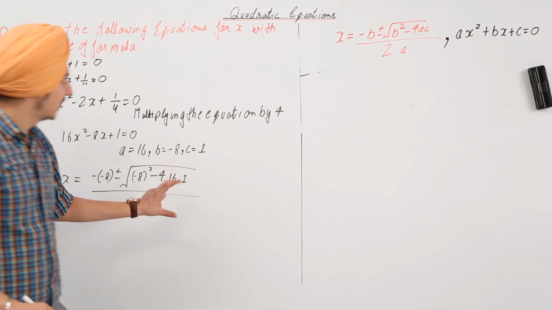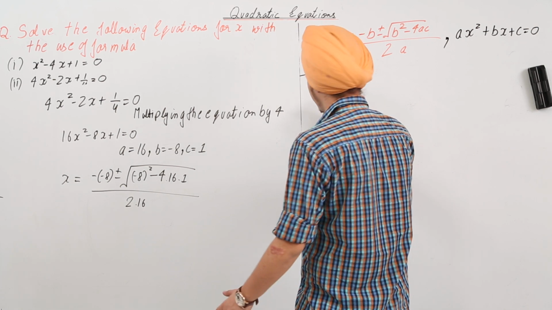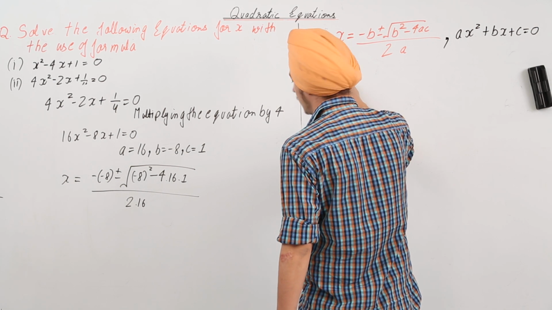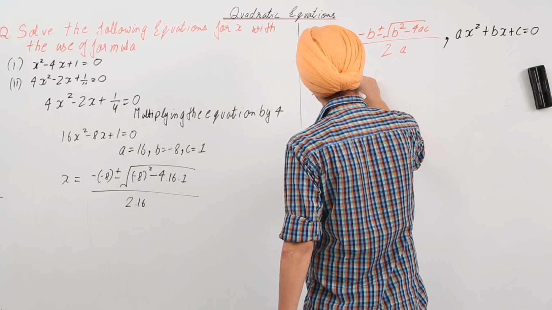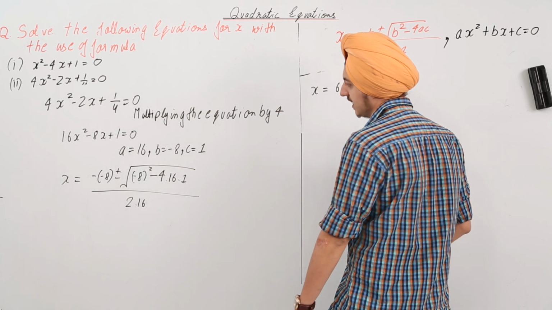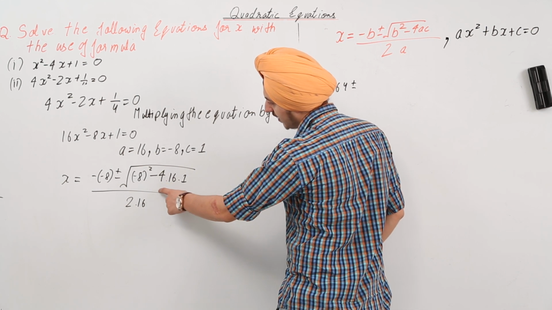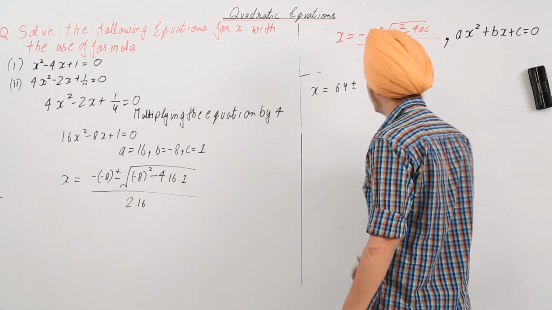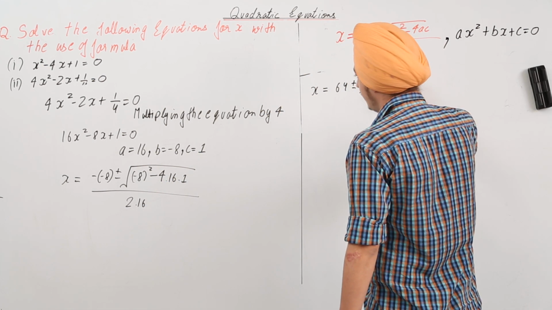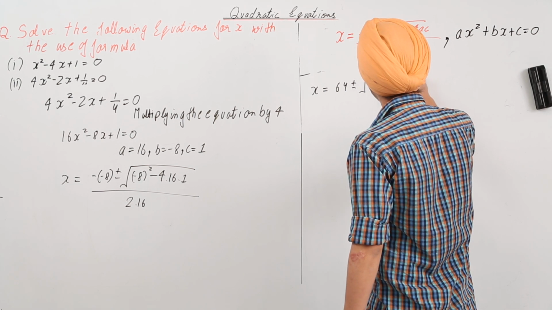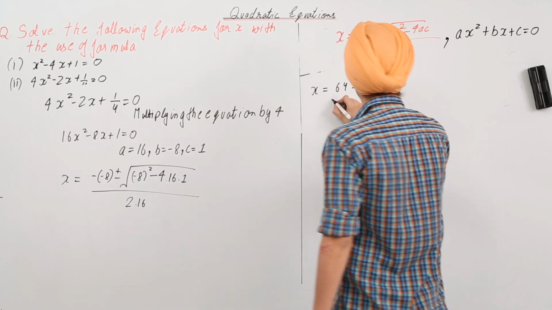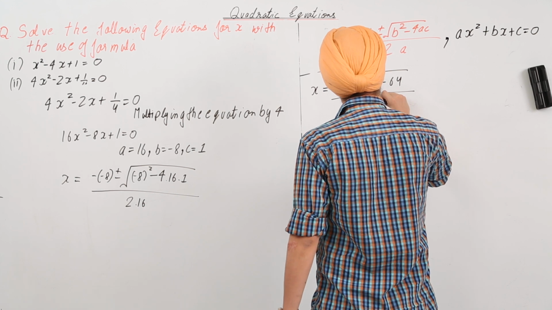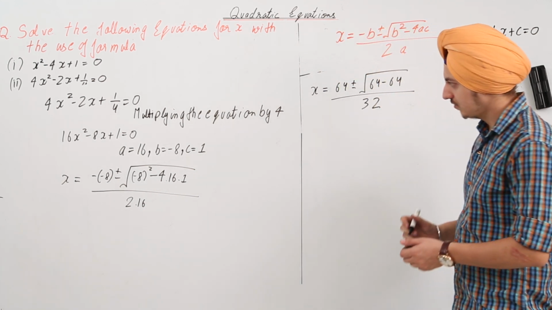Now we just have to simplify these. And how do we simplify these? We have x equal to 64 plus minus, 8 square into 4 into 16 is 64, and 8 square is also 64. So we have a root of 64 minus 64 upon 32.